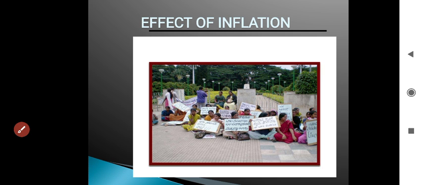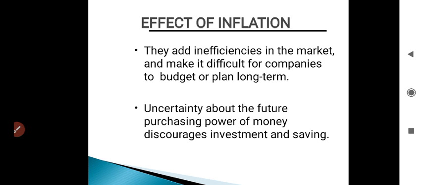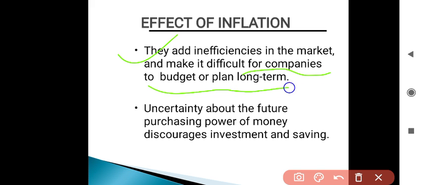Effects of inflation: they add inefficiencies in the market and make it difficult for companies to budget and plan long term. Uncertainty about the future purchasing power of money discourages investment and saving.